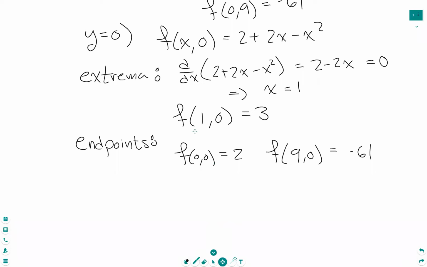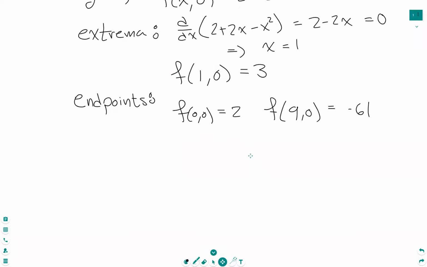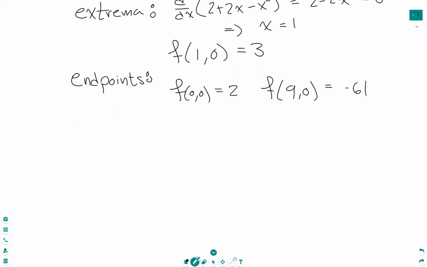And once we're done checking the extrema along the boundary and the endpoints of that boundary, we can move on to the next line segment. So the final one to do is the y equals 9 minus x case.